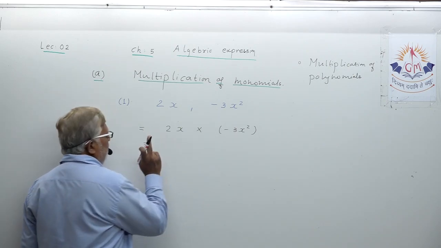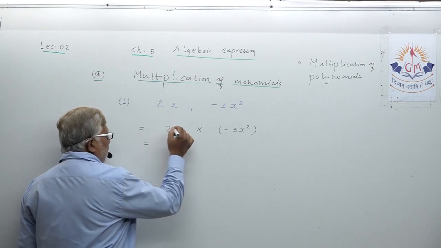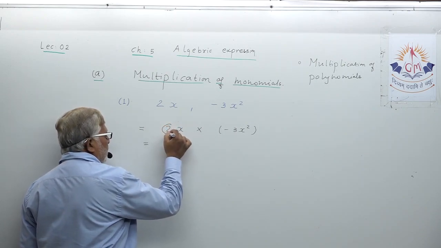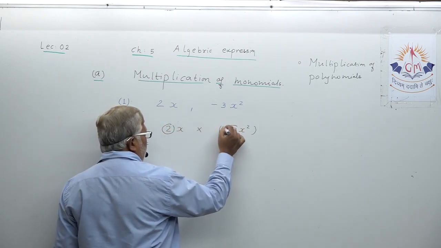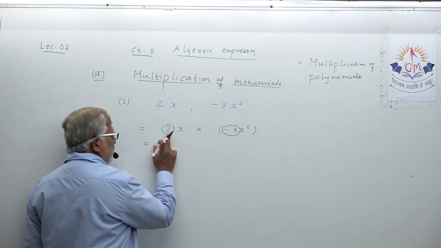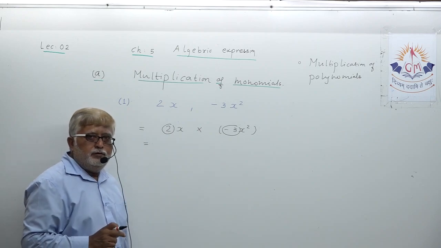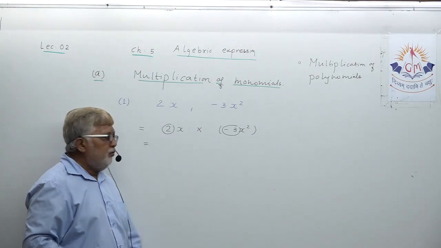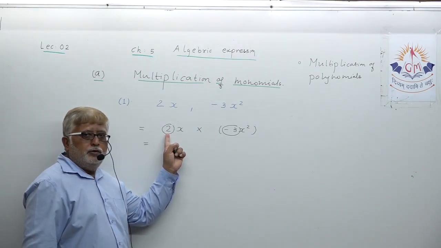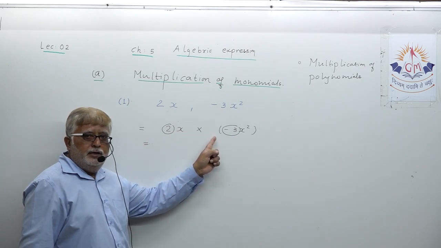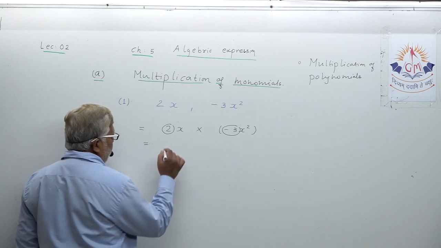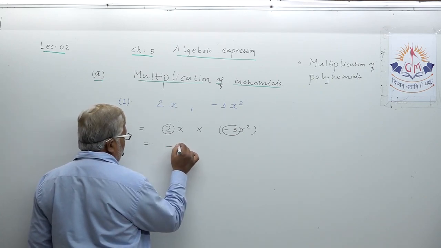First, dear student, you have to concentrate on the given numbers. Which are the given numbers here? 2 and minus 3. So first we have to multiply these two numbers. 2 into minus 3. What is that? Minus 6. So first you write minus 6.